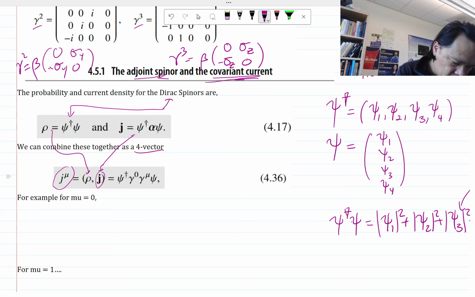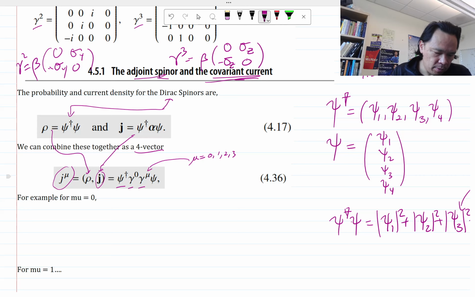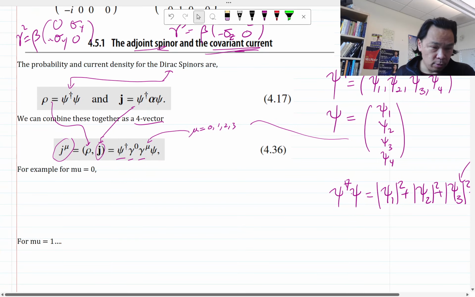If you actually write this out, it's going to be psi dagger gamma 0 times gamma mu, where mu is the index that goes from 0 to 3, for the particular gamma matrices that we're dealing with, multiplied into the 4-component Dirac spinors that we found to be necessary in order to solve the Dirac equation. So I'm going to show you some examples because this is a little bit opaque for me also.